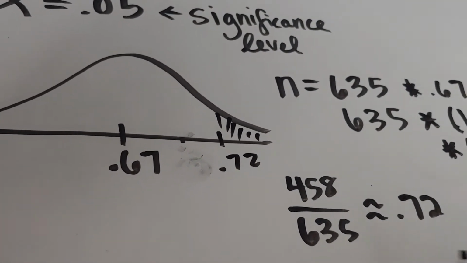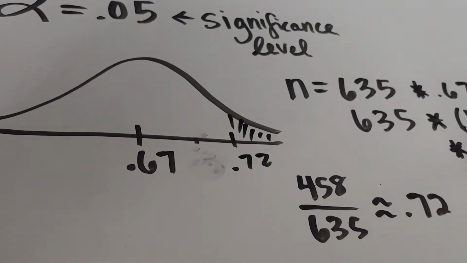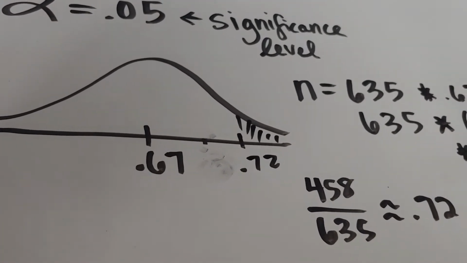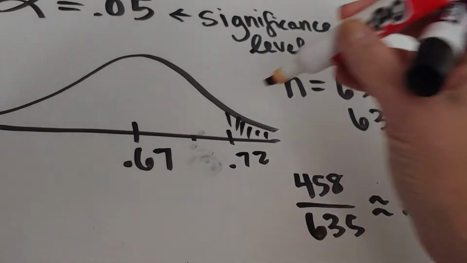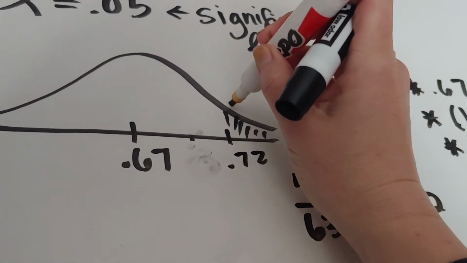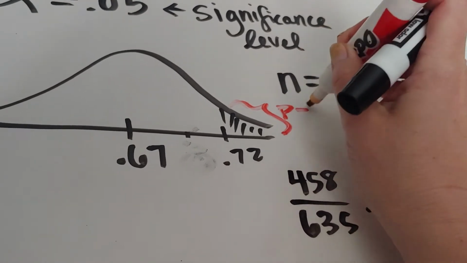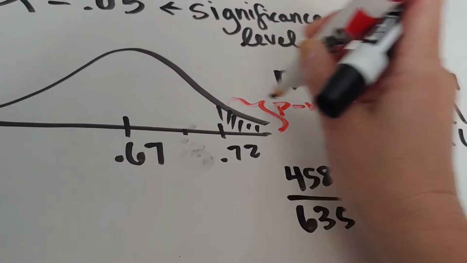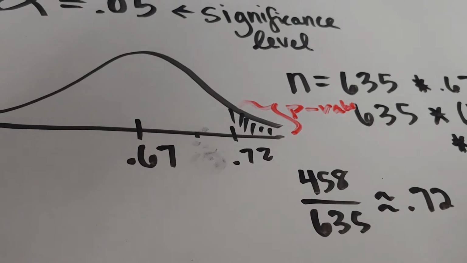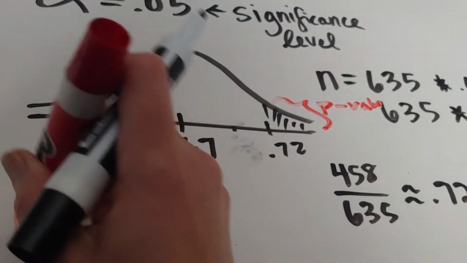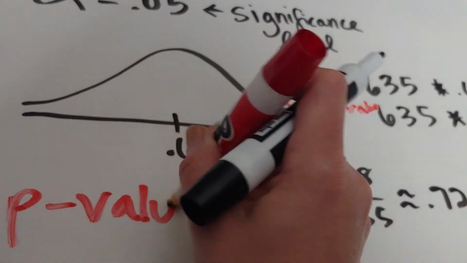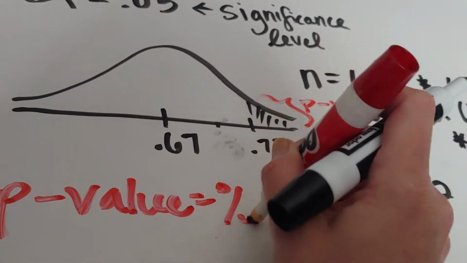Well, how we figure this out is by calculating the z-score, how many standard deviations away it is, and by using a p-value. When I use StatCrunch in just a minute, the p-value that we're going to get is going to tell us how unusual it is. So the p-value is really the percent under the curve.